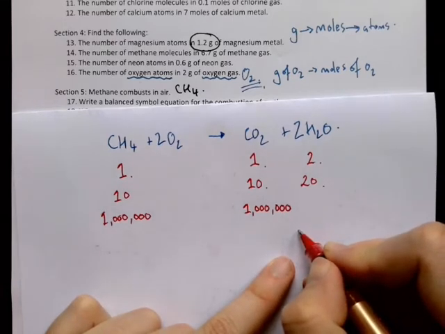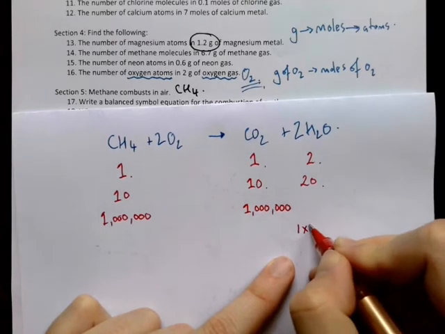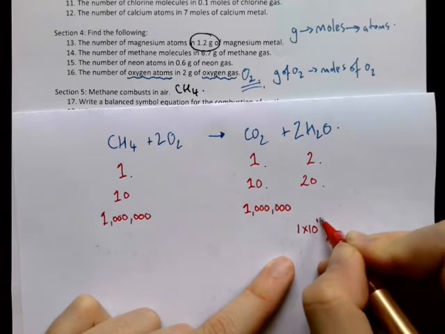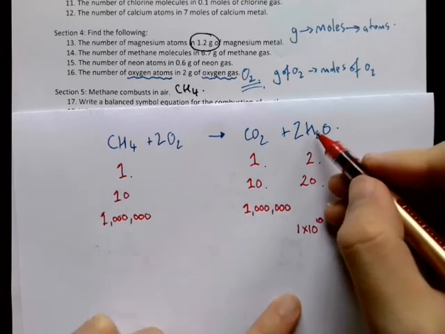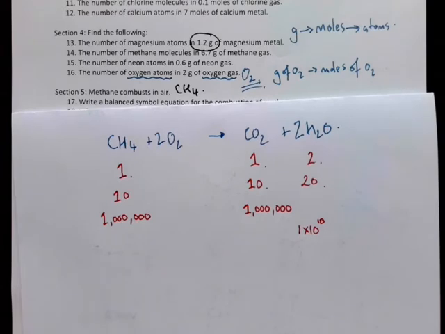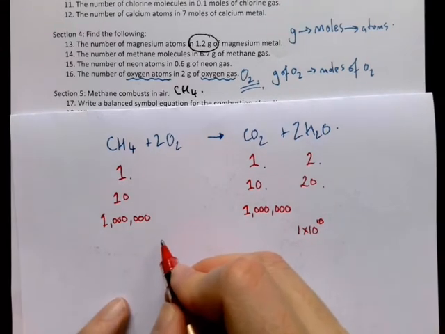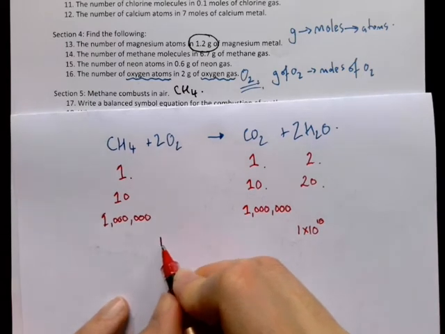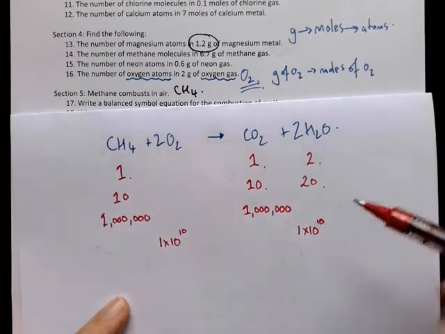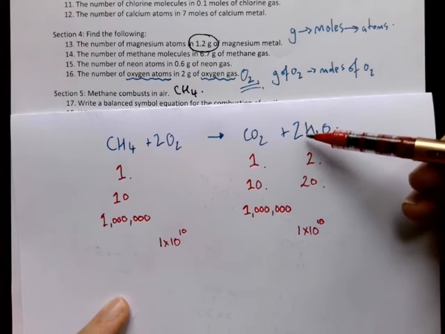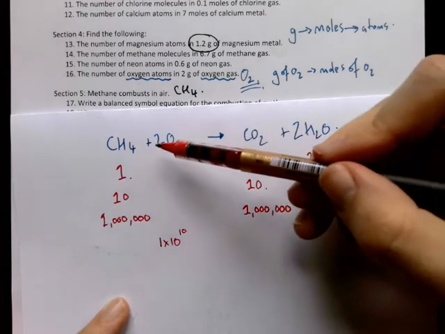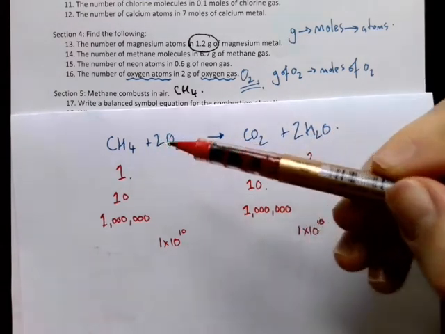Let's say I make 1 times 10 to the power of 10 molecules of water. How many molecules of oxygen would I have started with? Well, I would have started with 1 times 10 to the power of 10, because however many water molecules I make, I've used the same number of oxygen molecules.